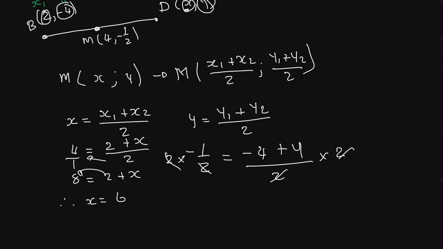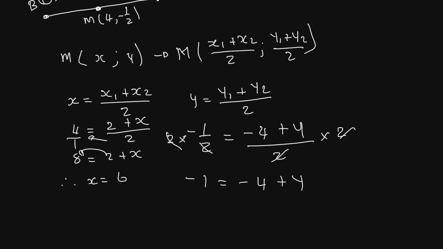So now we are going to have -1 equal -4 plus y. So now if we want to get the value of y, we'll put the 4 to the other side. So this will be y equals -1, then if the 4 moves to the other side, it's going to be plus 4. And therefore, the value of y is going to be positive 3.